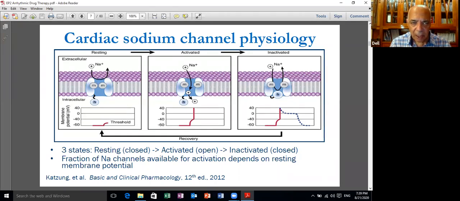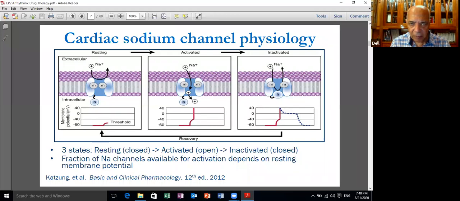The sodium channel has 2 gates: an M gate, and a chain and ball gate called the H gate. These are amino acids. During depolarization, the cell membrane of the myocyte gets depolarized. If it reaches -40, this is the threshold at which the M gate opens. This moves the cardiac sodium channel from the resting state to the activated state.